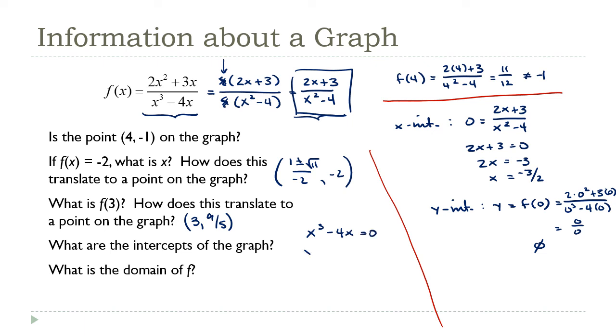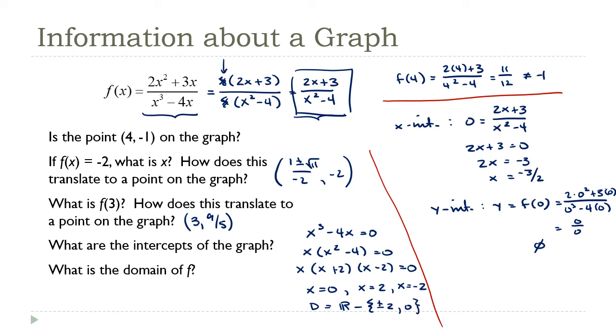All right, so polynomial equation. I can factor this. This is x times x squared minus 4, which is x times x plus 2 times x minus 2. So I'm going to get 3 bad numbers here. x equals 0, x equals 2, and x equals negative 2. These are the values that are not in the domain. So the domain is all real numbers except plus or minus 2 and 0.